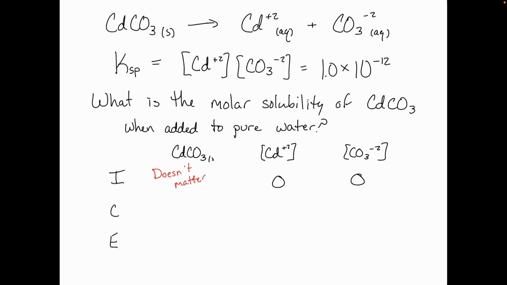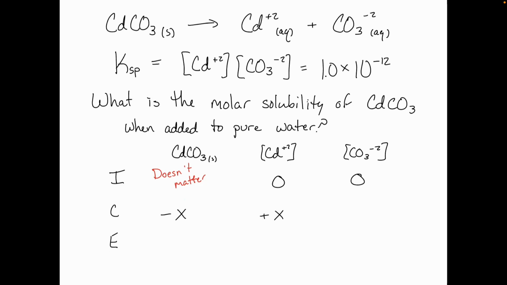All right, my solid cadmium carbonate is a reactant. Should it be going up or down in this reaction? Down. So I'm going to consume my cadmium carbonate. My products, the cadmium ion and the carbonate ion, are they going to go up or down? Up. And I have to account for that stoichiometric coefficient, although in this case, they're both 1, right?